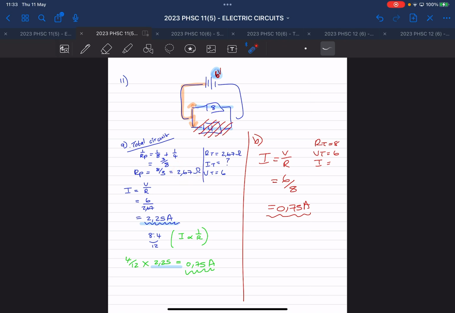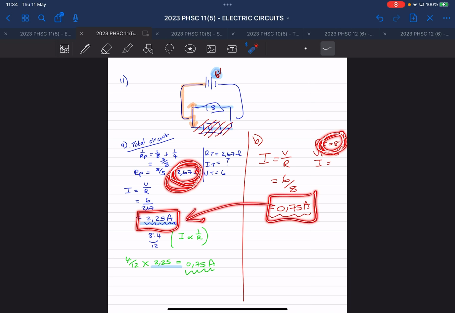Here our total resistance is 8. When we add something in parallel, the resistance actually decreases a lot. What happened to the total current? The total current increased. So when we decrease the resistance, the current increases.